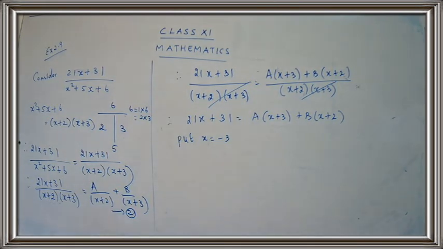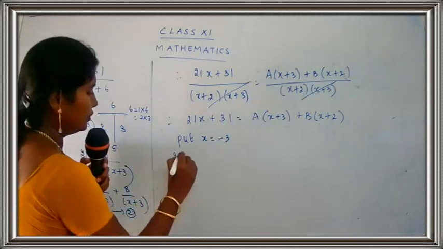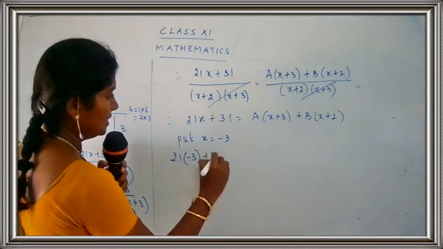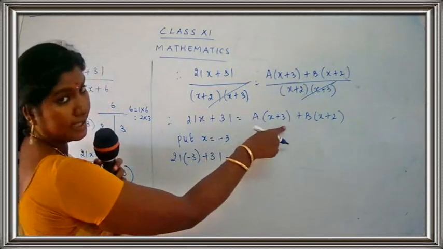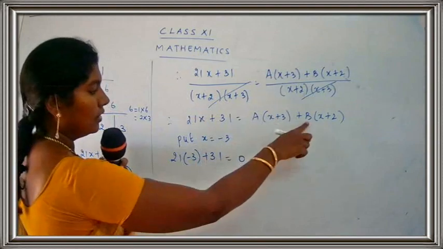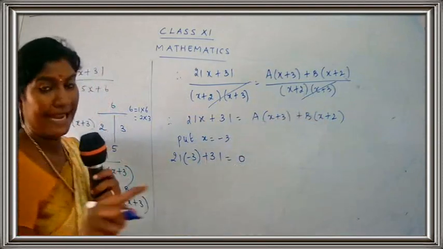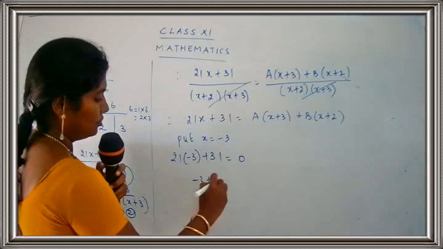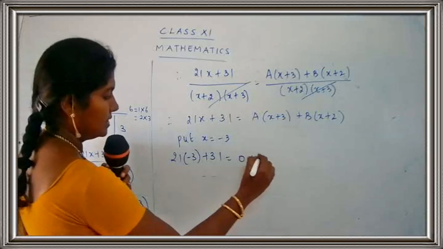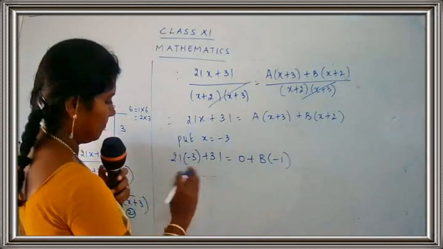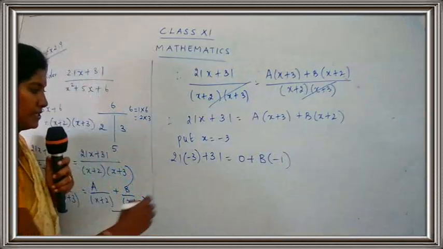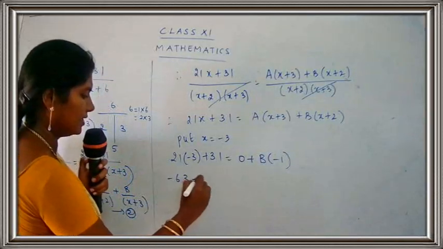Okay, so what do you get over here? Have you started with the work? So you get here 21 into minus 3 plus 31 is equal to A(minus 3 plus 3). So this is 0. Minus 3 plus 2 is minus 1, plus B into minus 1. So 21 into minus 3 is minus 63.